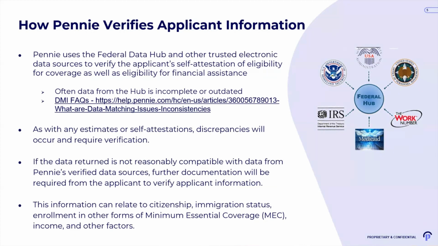If the data returned is not reasonably compatible with the data from Pennie's verification data source, further documentation will be required from the applicant to verify the applicant information. This information can relate to citizenship, immigration status, enrollment in other forms of minimum essential coverage, income, and other factors. If you would kindly mute your mic, please.